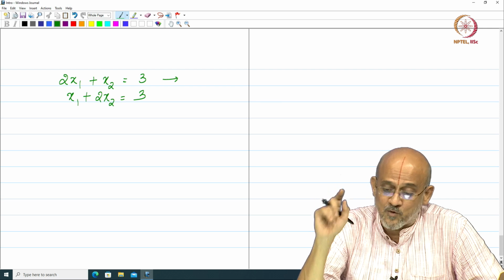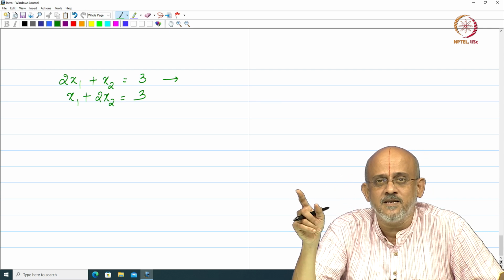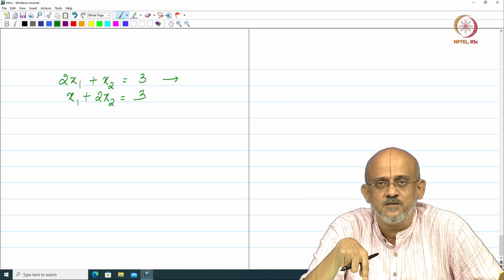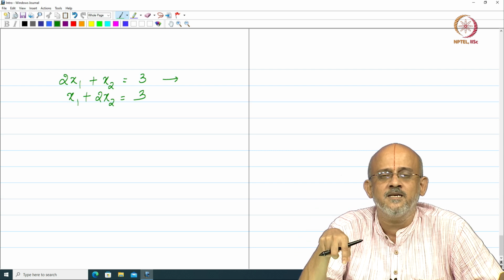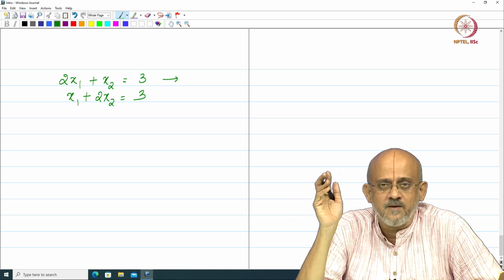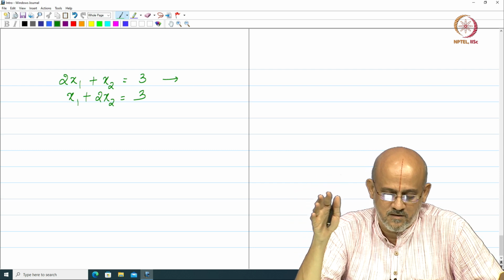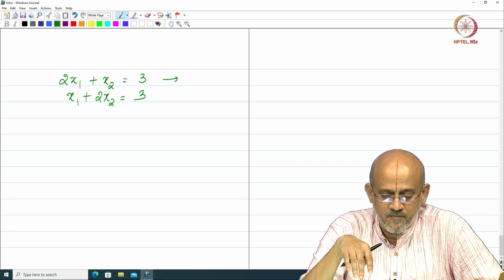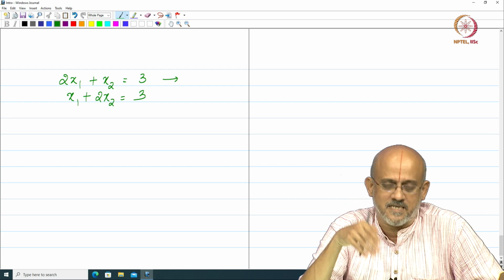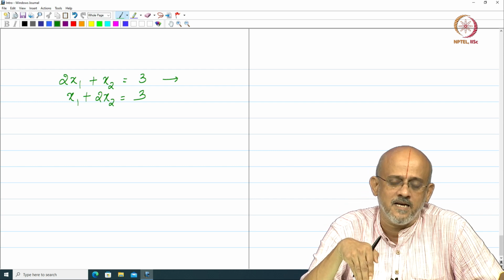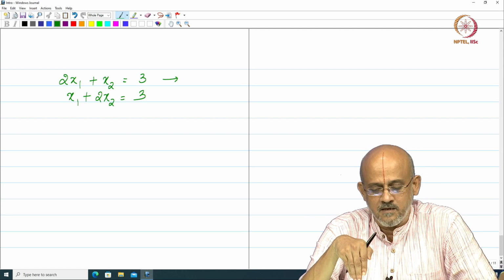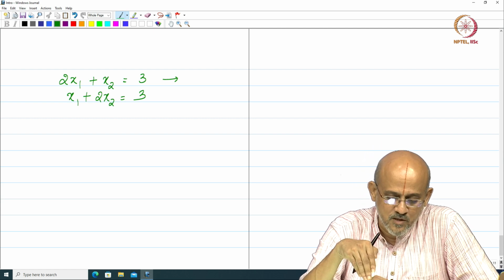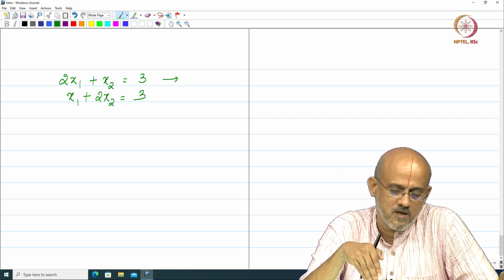So how do we interpret our system of linear equations in terms of the solution and the constraints? We say that whenever we have a unique solution, you keep adding the constraints. Now I have added the second constraint, and in this case the second constraint was nowhere related to the first one, these two are completely different.